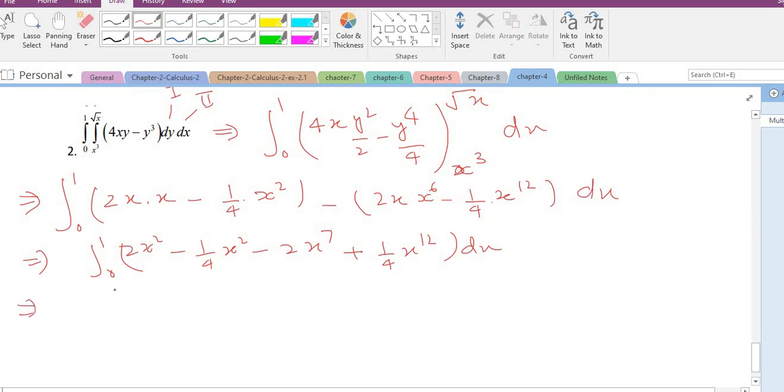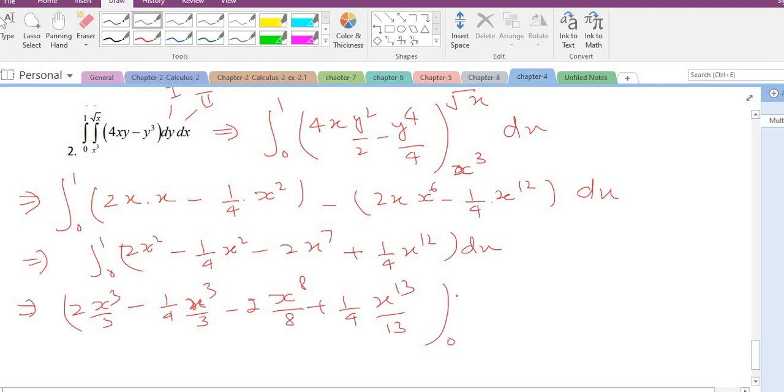It means this becomes now 2x power 3 by 3 minus 1 by 4 x power 3 divided by 3 minus 2 x to the power 8 divided by 8 plus 1 by 4 x to the power 13 by 13, and use the limit 0 to 1.